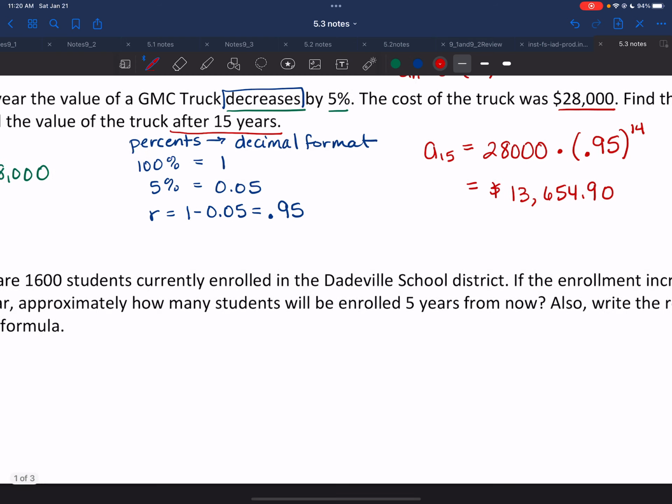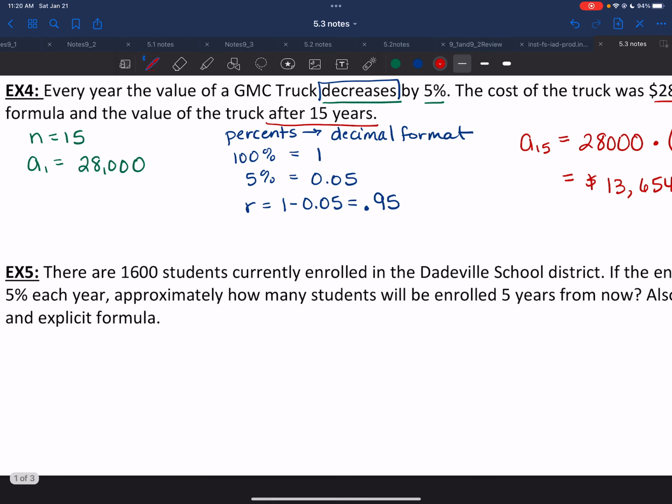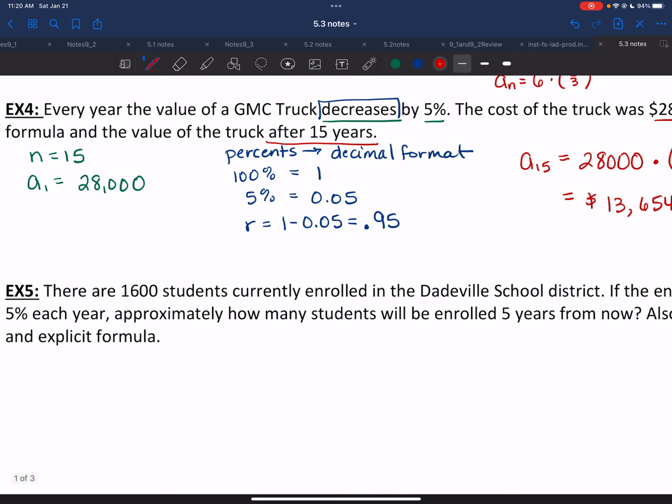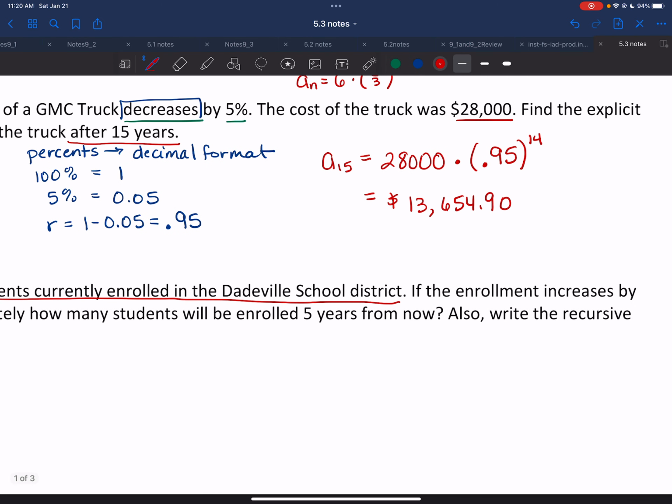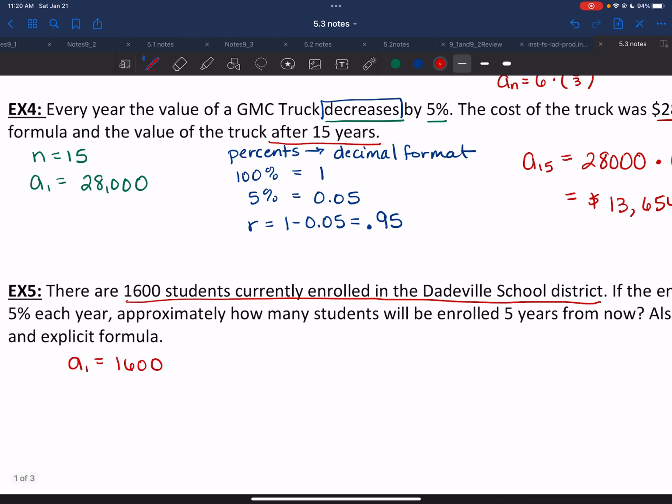Let's go ahead and take a look at the next one. There are 1,600 students currently enrolled in the Dadeville School District. That's my starting point, 1,600. If the enrollment increases by 5% each year, how many students will be enrolled 5 years from now?